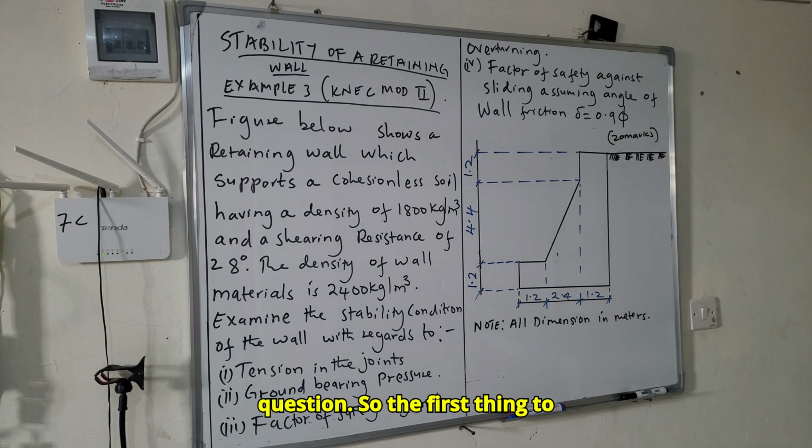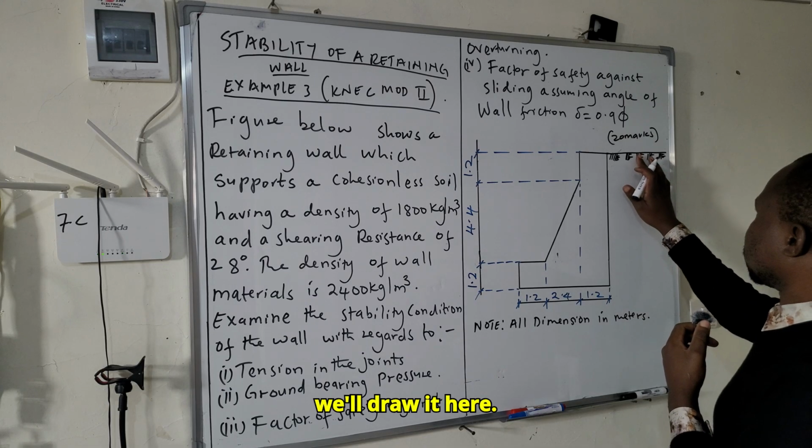The first thing to do, as usual, is to draw the pressure diagram. After drawing the pressure diagram, we will start calculating the pressure exerted on this retaining wall. So let's draw the pressure diagram as a result of the retained soil.